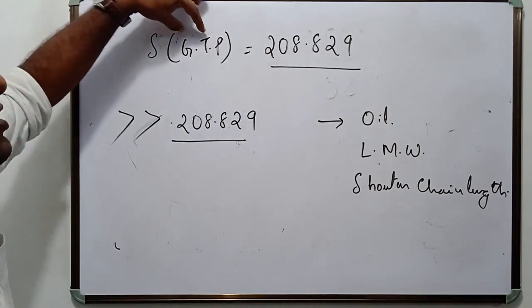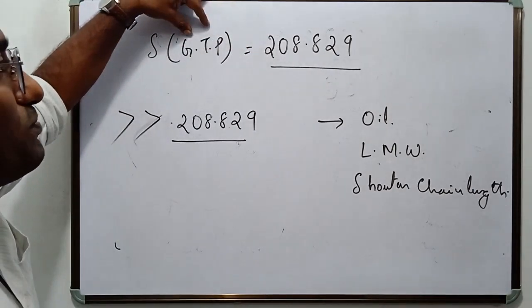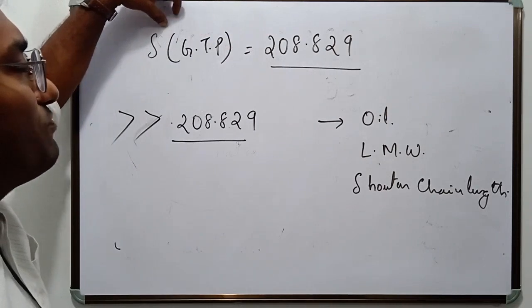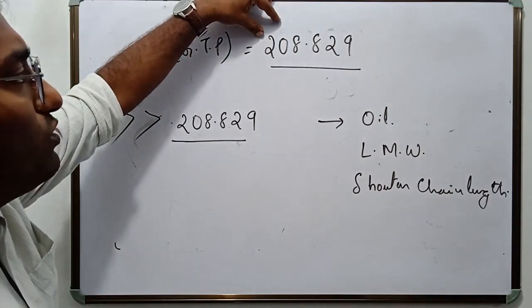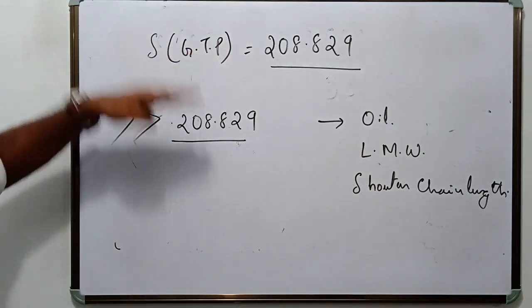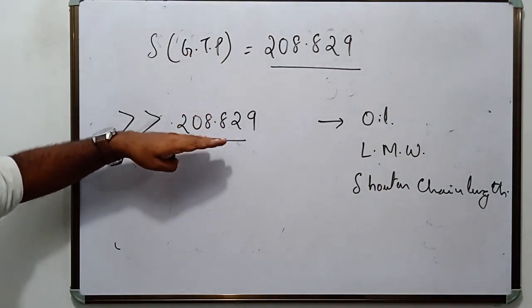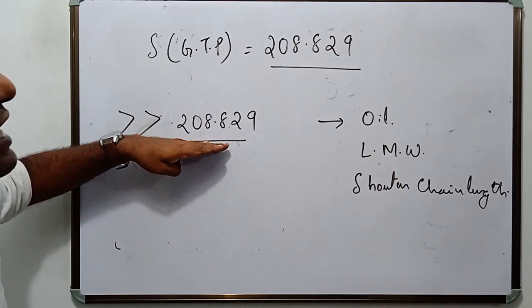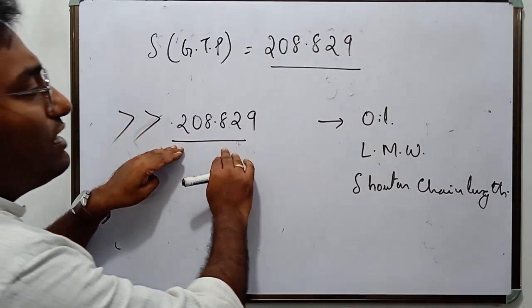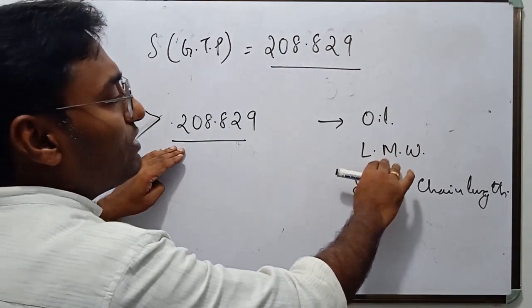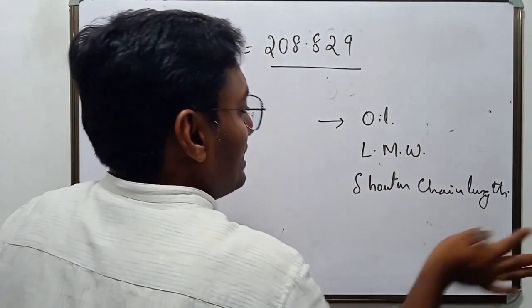If the glyceryl tripalmitate saponification number we have got is 208.829, and by practical determination you are getting more than 208.829, then it would mean that your oil has been adulterated with another oil having low molecular weight and shorter chain length.